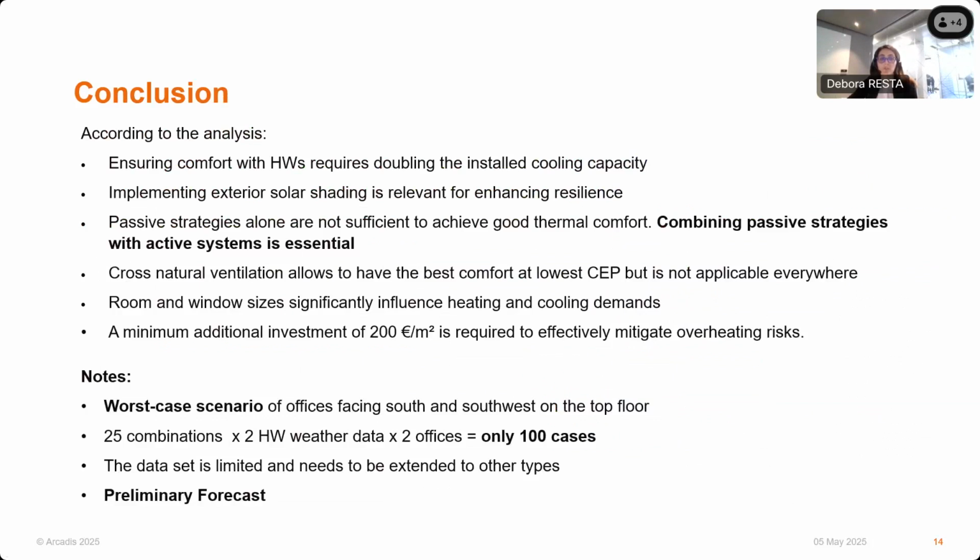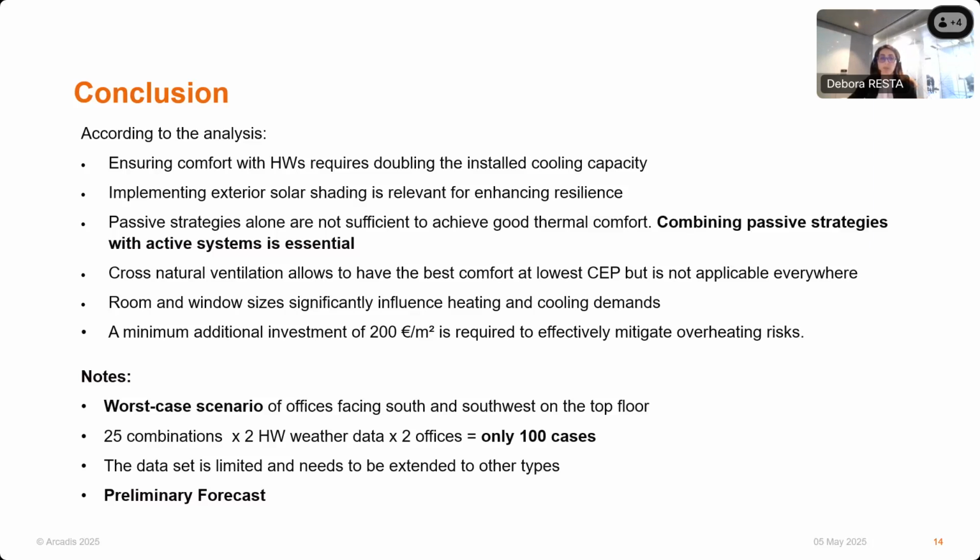The implementation of exterior solar shading proved to be significant in enhancing resilience to high temperatures. Relying solely on passive strategies is insufficient to achieve optimal thermal comfort. It is imperative to combine passive strategies with active systems for effective results. While cross natural ventilation offers excellent comfort with minimal energy consumption, its applicability may be limited in certain contexts.